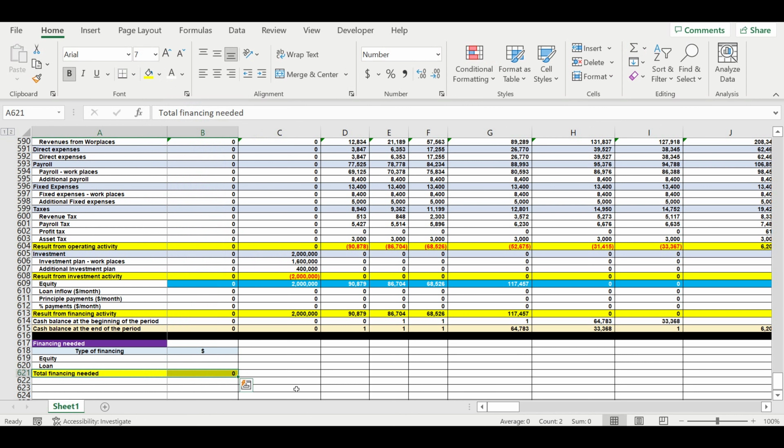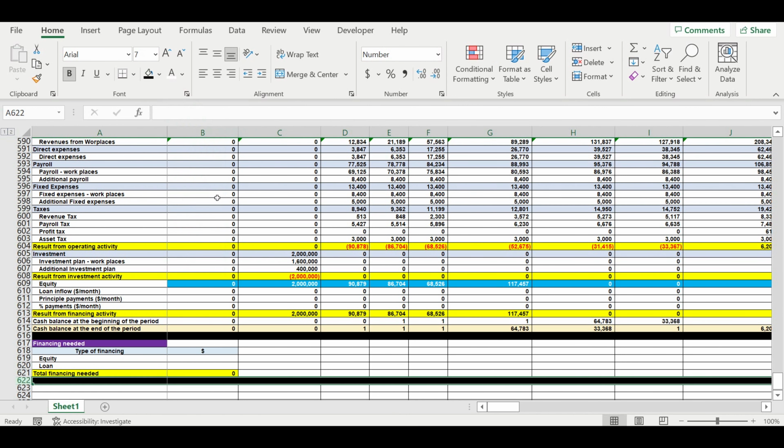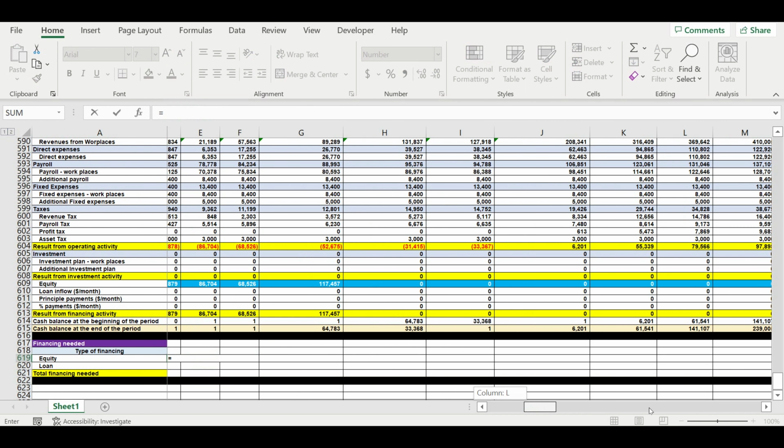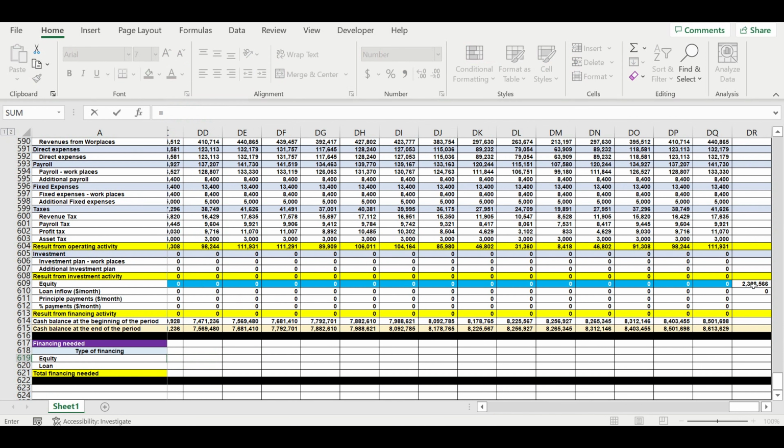So this will be a very simple table where we will be able to see the structure of financing we need. We will take totals from the end of the cash flow statement.